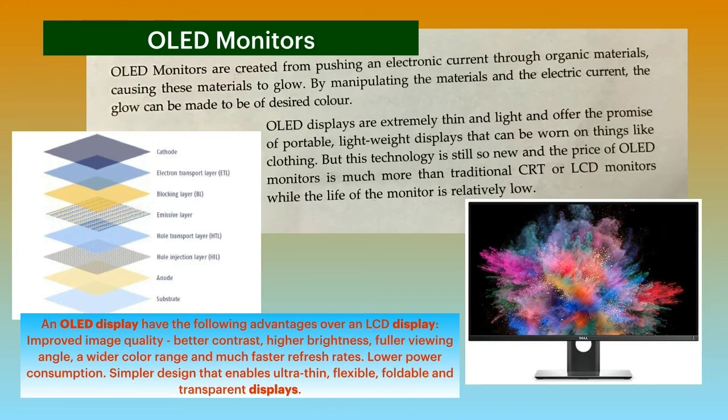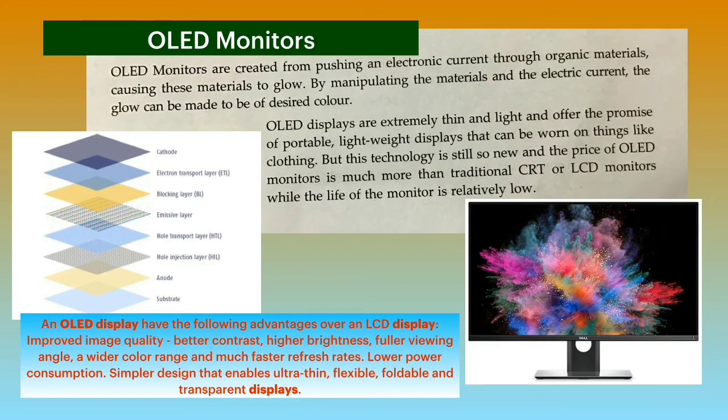An OLED panel improves image quality, with better contrast, higher brightness, and a fuller viewing angle. Means the viewing angle is very nice. You can even see the pictures from a 120-degree angle.